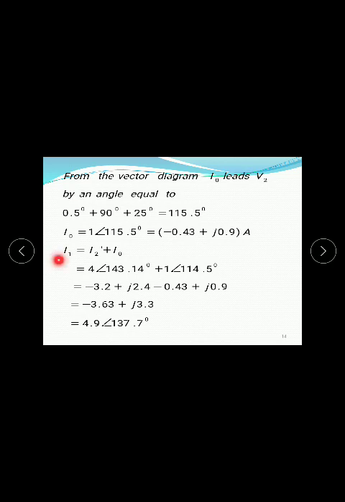So I1 is I2 dash plus I0, that is 4 angle of 143.14 plus 1 angle of 114.5. By this we get the value in rectangular form, minus 3.63 plus j 3.33. From this we get 4.9 angle of 137.7 degrees.